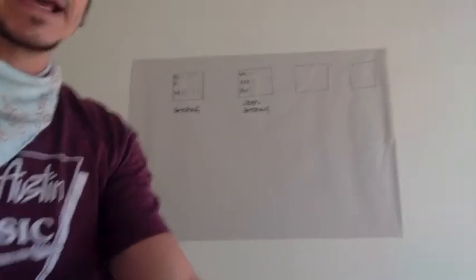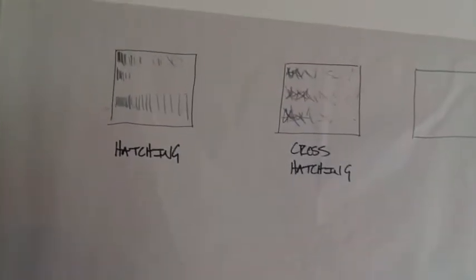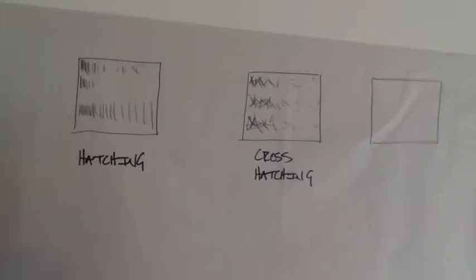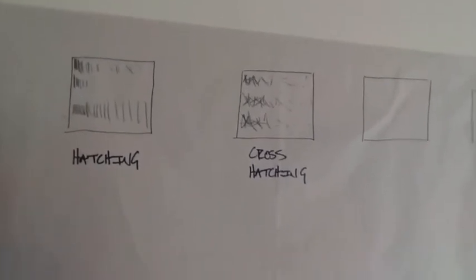So you can see that is very similar to hatching. It just crosses each other. See that? Kind of looks like a completely different language that we can make up as we go along, huh? All right.